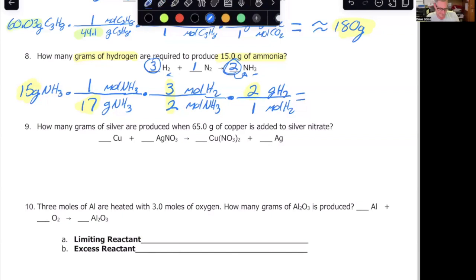So again, 15 divided by 17 times parentheses 3 divided by 2, close parentheses, times 2. And if you go through all of that, your answer is going to be somewhere between 2.5 to 3 grams of H2.